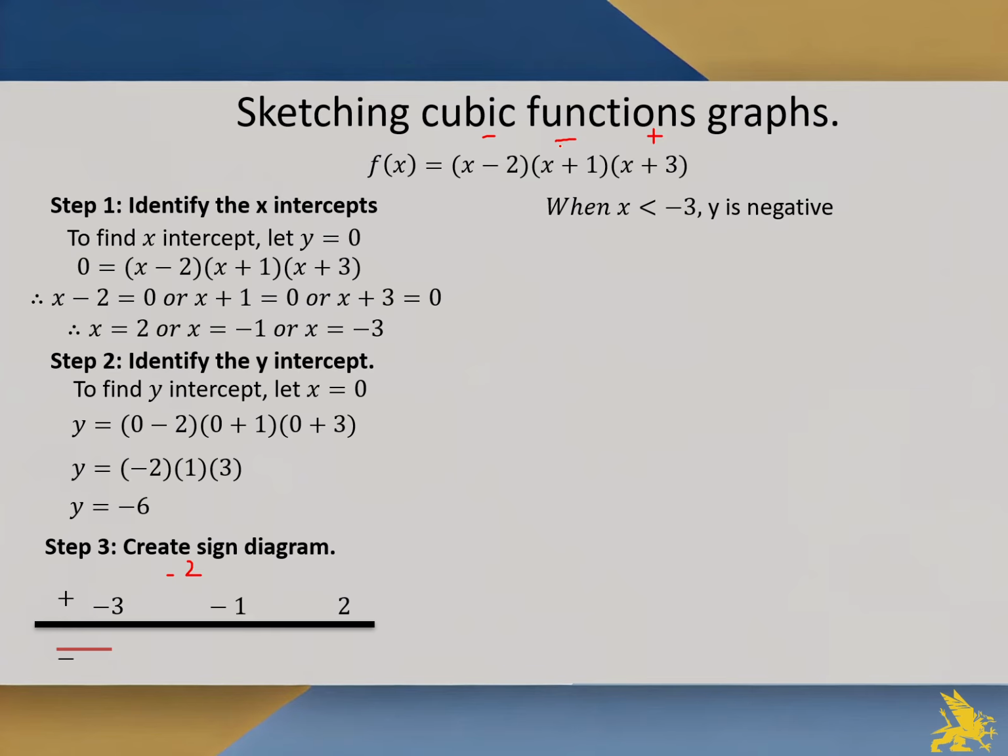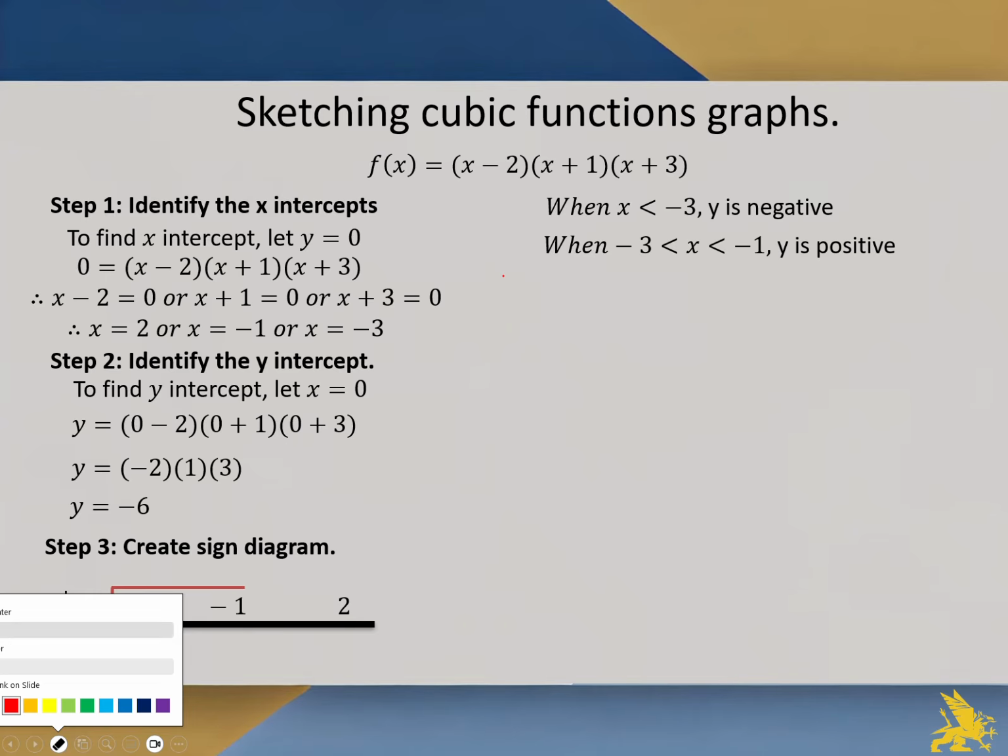So negative times a negative is a positive, positive times a positive is positive. So that means my graph will be positive area when x is between negative 3 and negative 1.